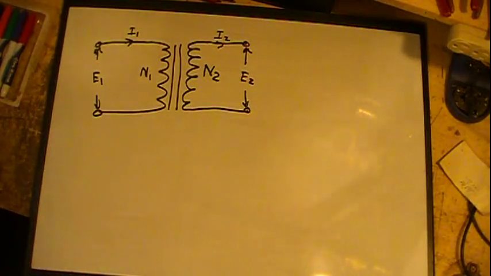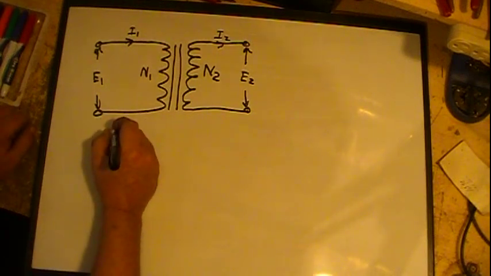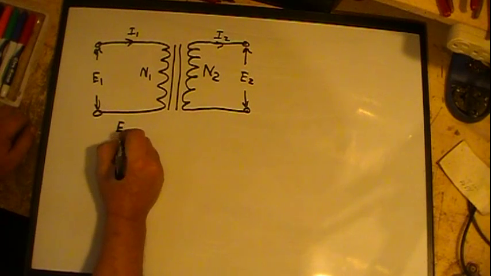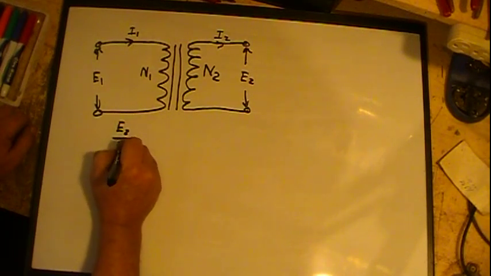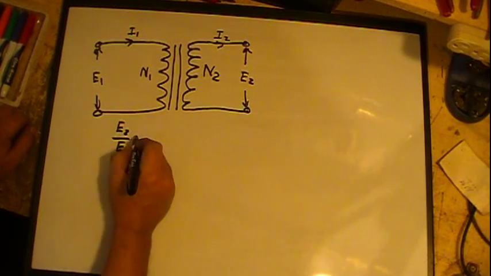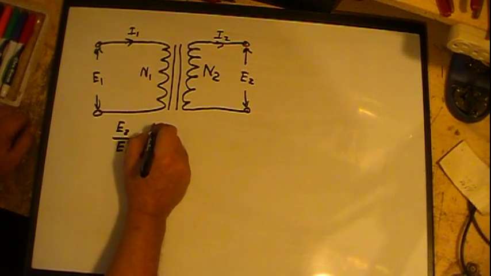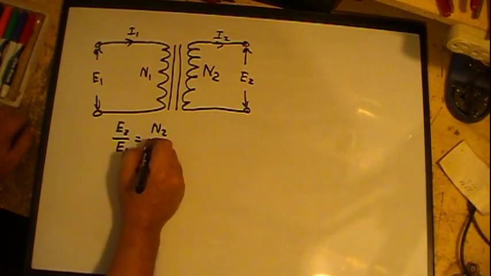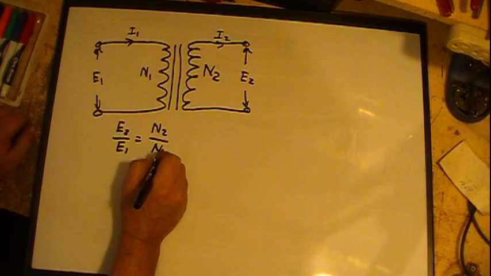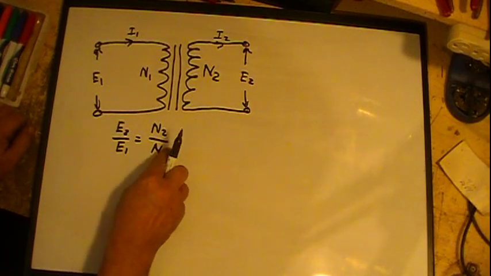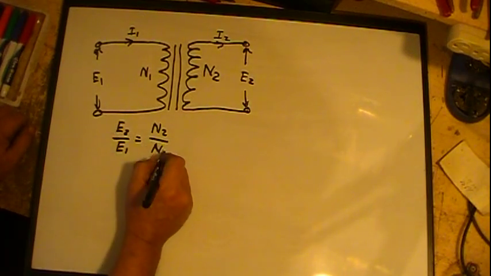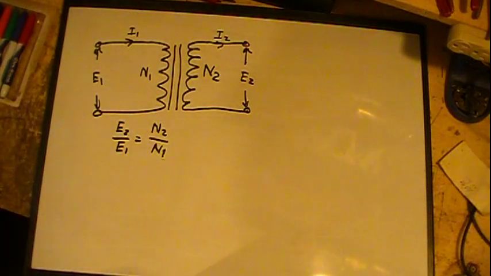So, where's the math? Well, the math simply is this. We look at some ratios. The ratio of output voltage to input voltage is equal to the ratio of the turns of the secondary winding to the primary winding.